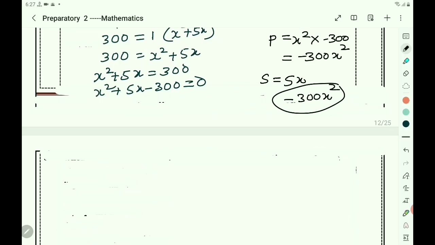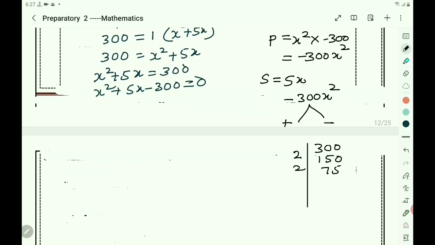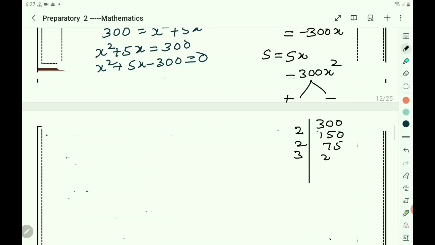Here the product is having a negative sign, so the factors are having different signs. The greater factor is having the sign of the middle term, that is plus and minus. Factorize 300: 2 into 150, then 2 into 75, 3 into 25, then 5 into 5, 5 into 1.